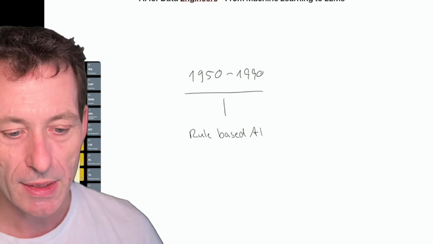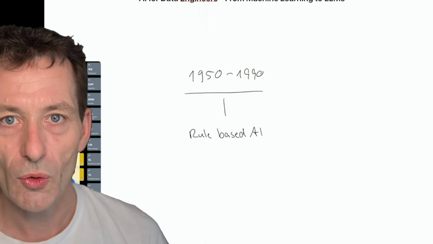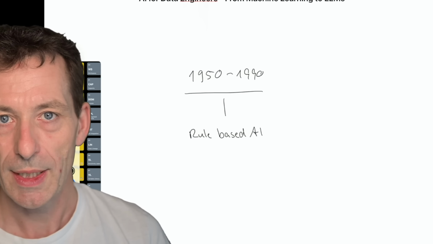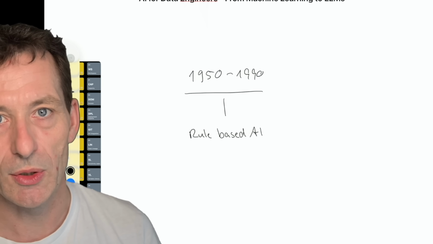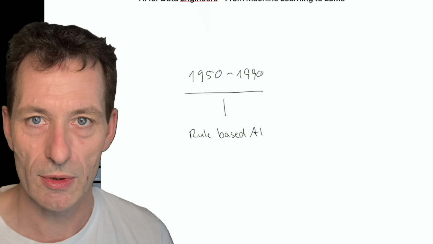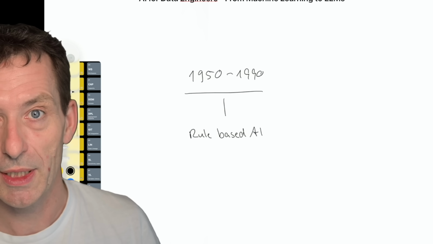Rule-based AI means that you basically teach the AI how does the world work. How does a table look like, or how does a chair look like?